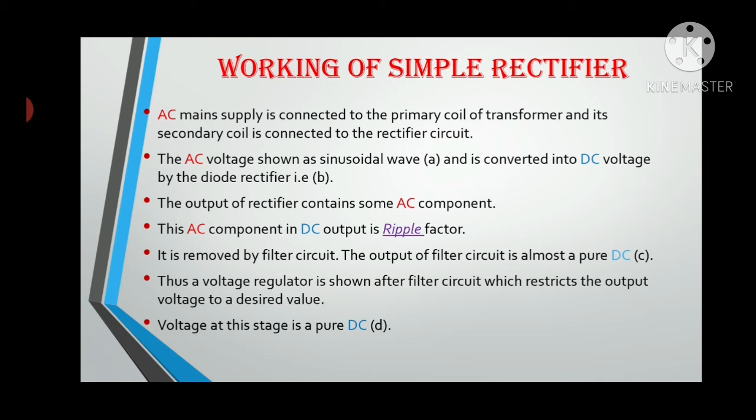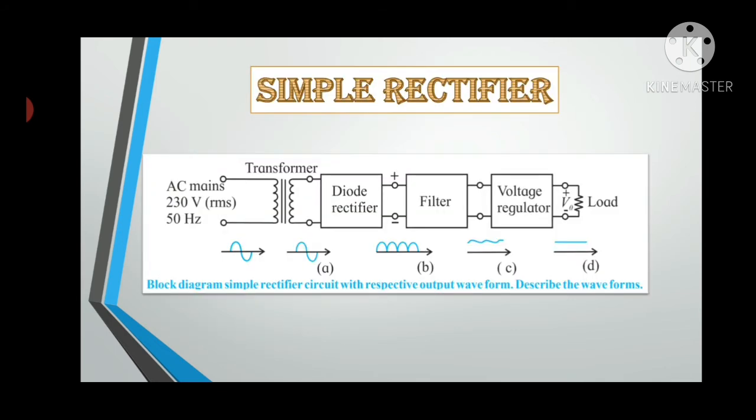Now the AC voltage is shown as a sinusoidal wave in section A. Here you can see the various sections given, A, B, C and D, which show the outputs we get from the devices.